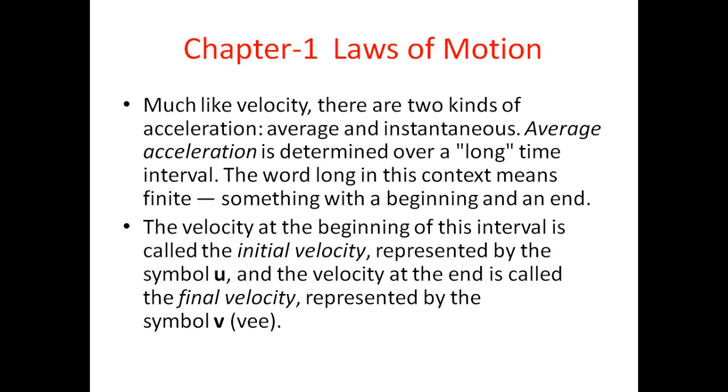Much like velocity, there are two kinds of acceleration: average and instantaneous. What does instantaneous mean? The term itself defines that it happens suddenly, right? Average acceleration is determined over a long time interval.